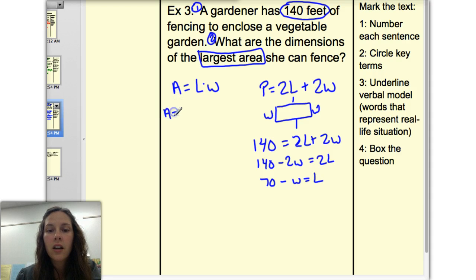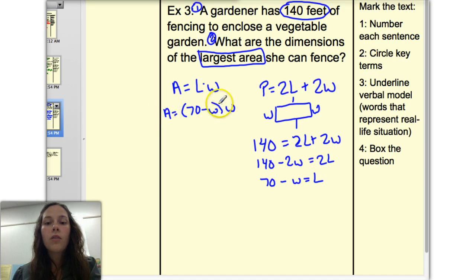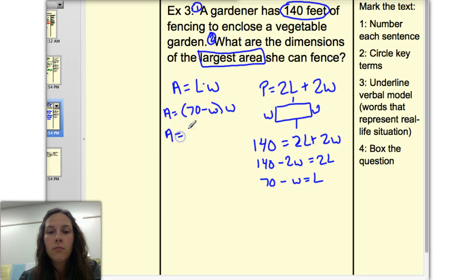So the area of our garden will be length, or 70 minus W, times width. So now we have one function with 2 variables, a W variable and an area variable. So I'm going to put this into standard form, distributing that W. And then I can maximize the area the same way that I maximized area in the last two equations.